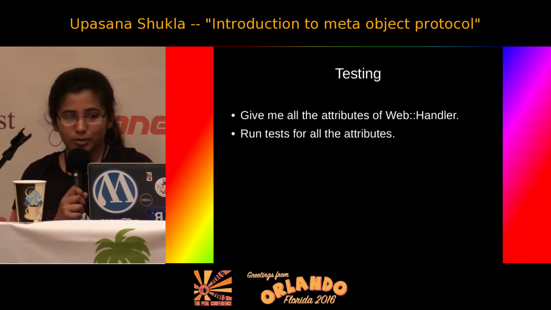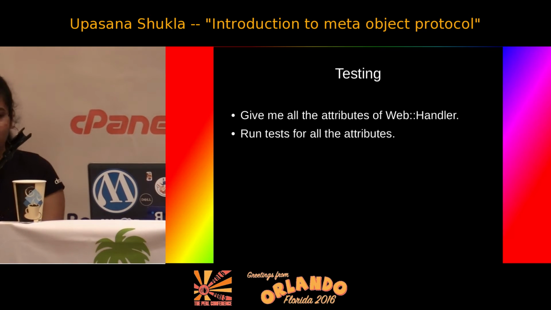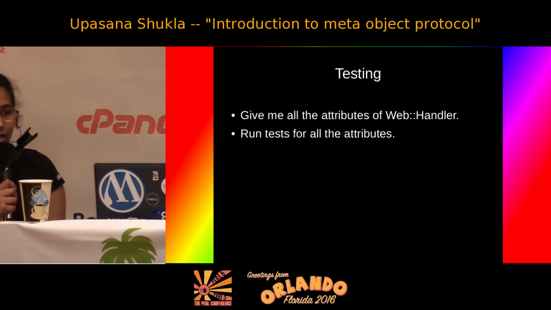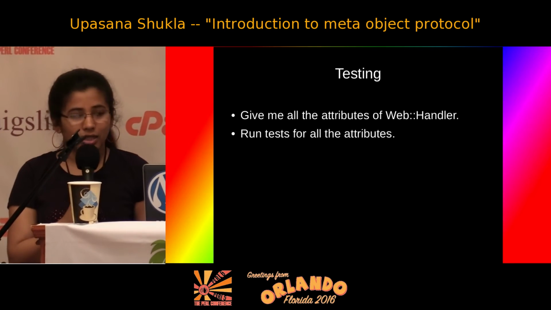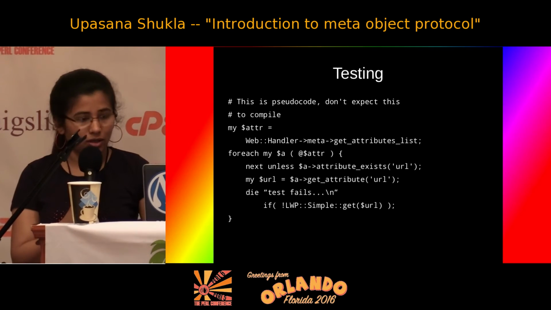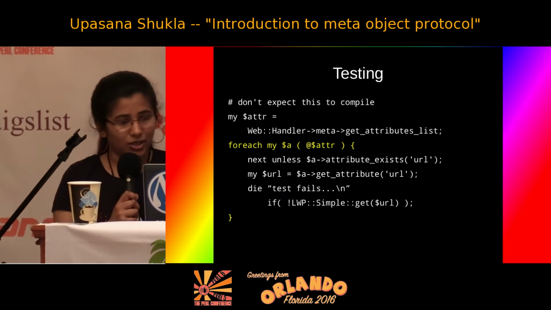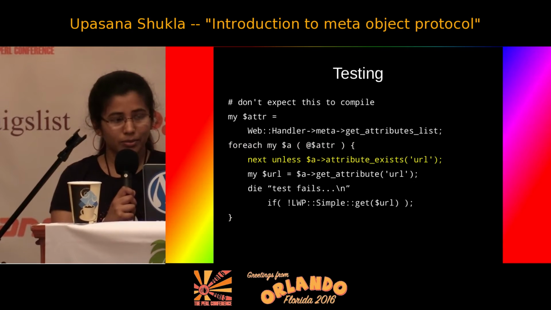Now, if I want to run tests for all the routes of my website, then I can ask web handler to give me all the attributes, and then I can run tests for all of those attributes. Here's a pseudocode. Don't expect this to compile. So here I'm fetching all the attributes, and I'm iterating over them.